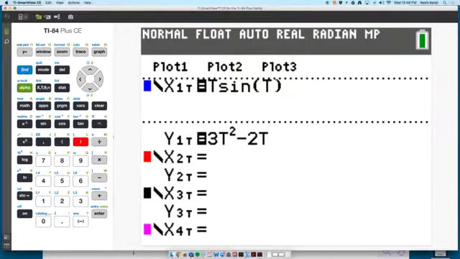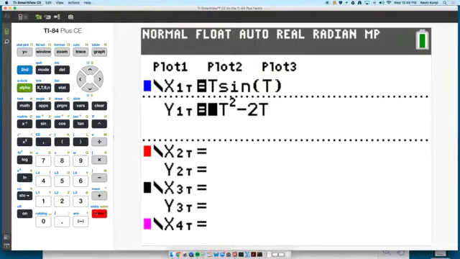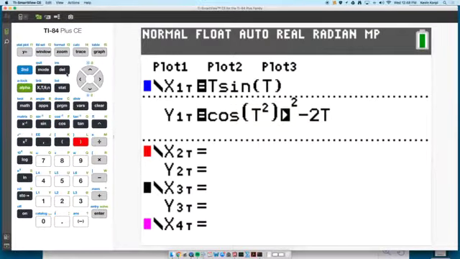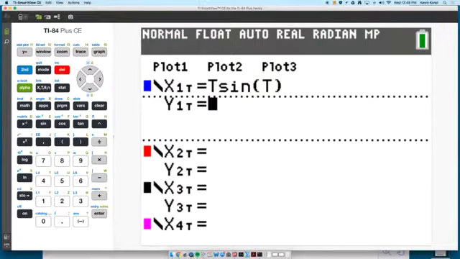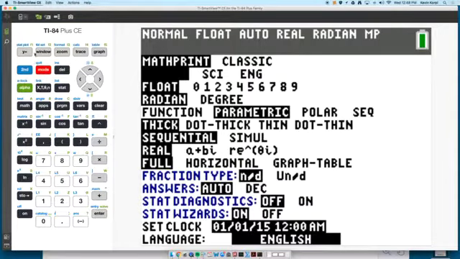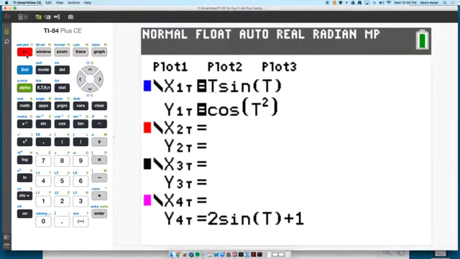And then in y sub 1, I'm going to be sketching my vertical velocity, cosine of t squared. And we'll get rid of all the other stuff. I'll just type it all in again. And of course, what mode should we be in? Degree or radian? Radian. All right. So I have them in there. I double checked, triple checked. It looks good. Find the acceleration vector at t equals 2.